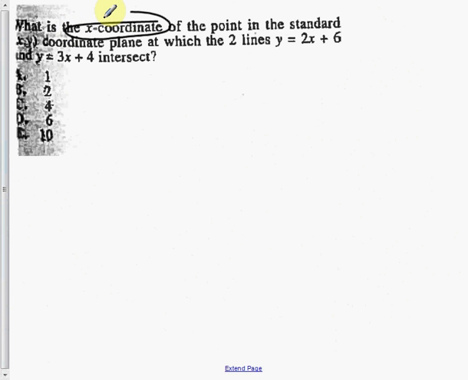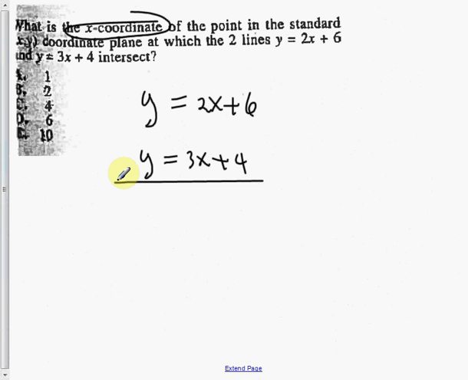So you got two lines. One is y is equal to 2x plus 6, and the other is y is equal to 3x plus 4. They're saying, where do these two lines share the same point x, y, but in particular, they just want the x value.